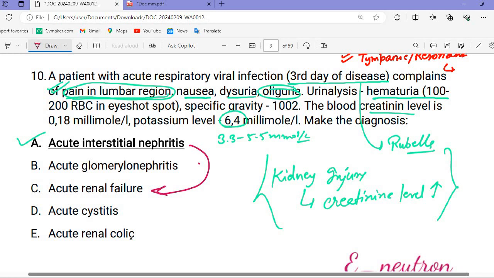Creatinine level, the normal result will be 0.7 to 1.3 milligram per deciliter. In the liter it becomes 61.9 to 114, because all these values they will give you, so you don't need to remember.